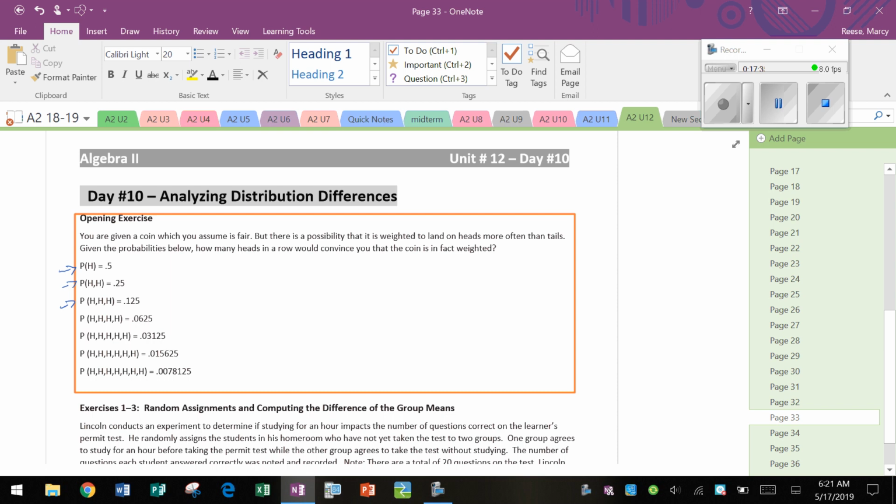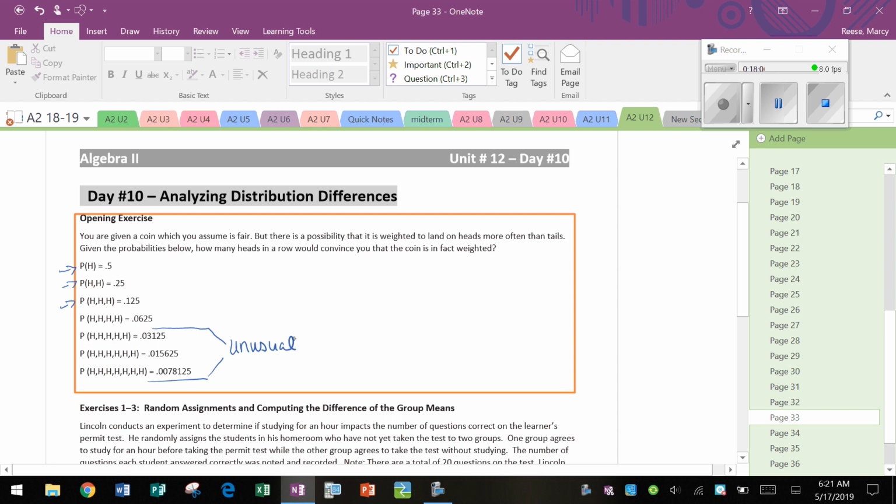So when we go back to, this is all kind of done for our purposes here. Let's go back to our question on the Albany nexus. And I say to you, how many heads in a row would convince you that the coin is weighted? I would say that I would need 1, 2, 3, 4, 5 heads in a row for our purposes here, because this is unusual.